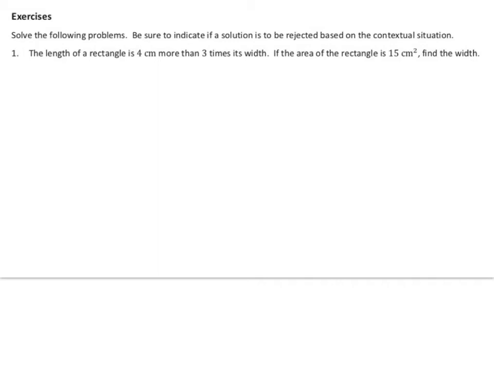All right. The length of a rectangle is 4 centimeters more than 3 times its width. See how I just changed those words into symbols? So we know that the length is 3w plus 4, and the width is w, because I'm cool like that.